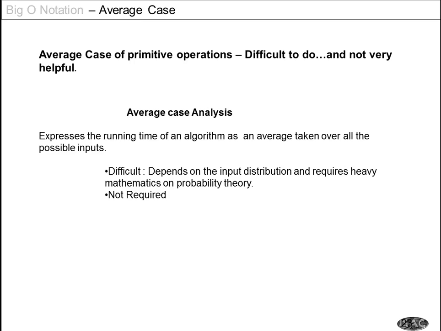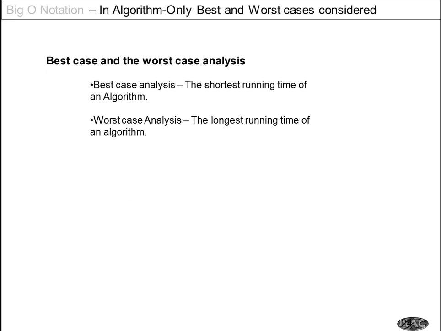So we'll focus on best case and worst case only. In algorithms, only best case and worst case are considered. Best case means the shortest running time, worst case means the longest running time of an algorithm. So there is not much complexity there.